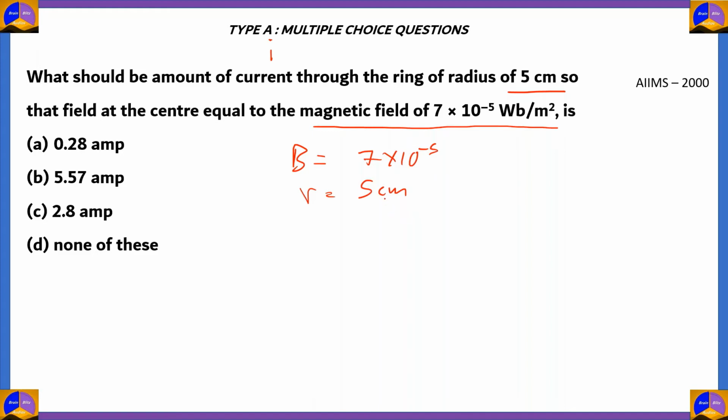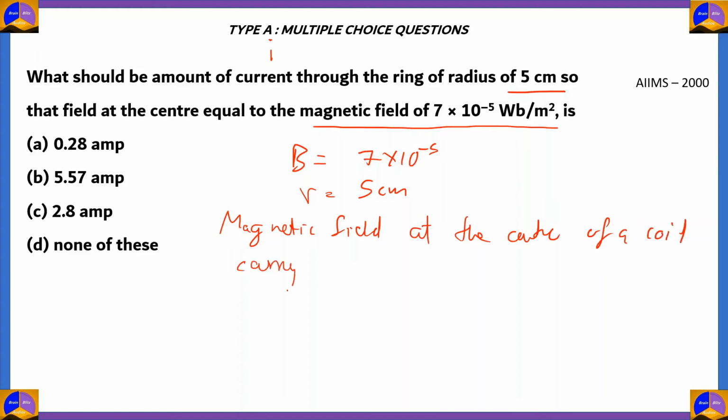So over here now, what we would be doing is we'll be using the formula for the magnetic field at the center of a coil carrying current. So we have a coil and we're asked to find out the magnetic field right here.